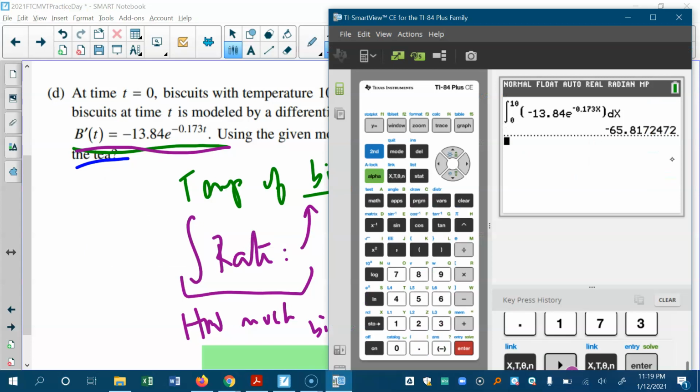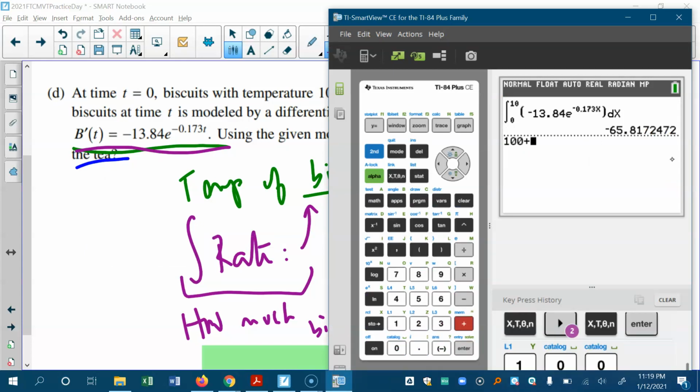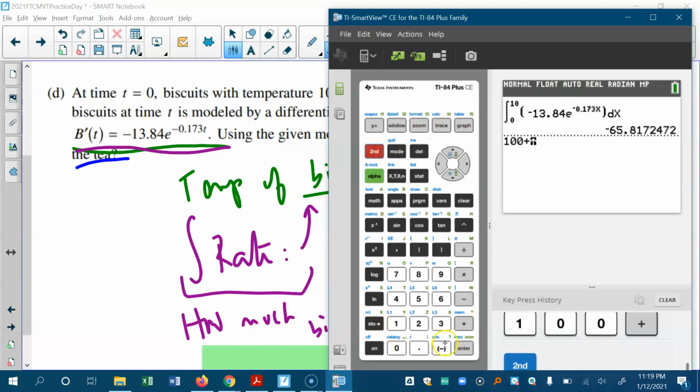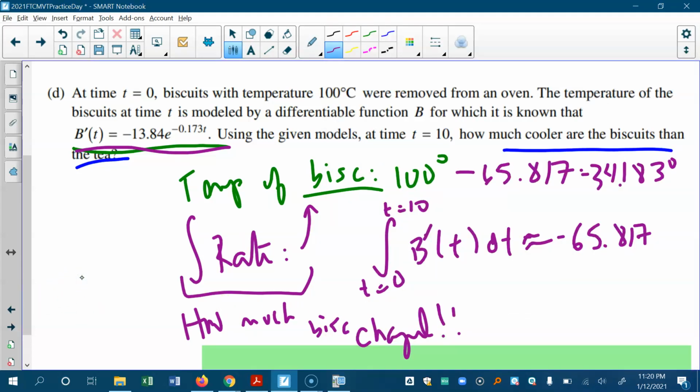Let me just go and do 100 plus that answer. Answer equals, yep, 34.183. Okay, that's fine. So 34.183 degrees is the temperature of the biscuit.